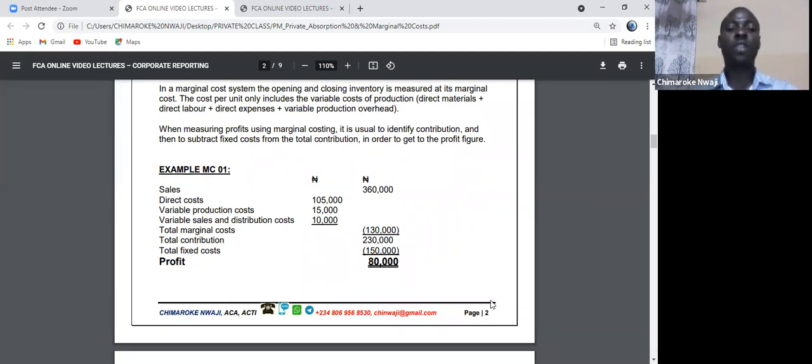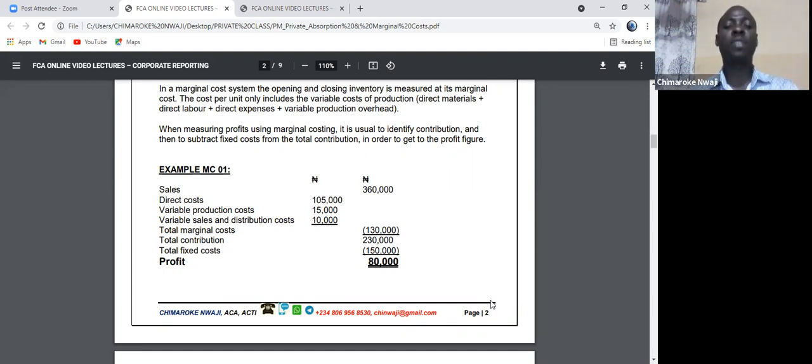Here it is given to us as 105,000. Then we may have variable production costs. This is variable production cost, which may not be direct. So this is variable indirect costs. So we may have indirect material, which are not traceable to the final product, but they are variable. Okay, it's 15,000. Then there is variable selling and distribution costs.